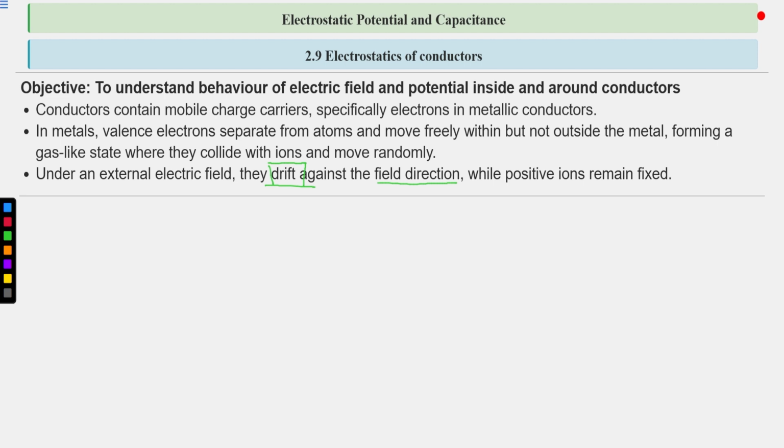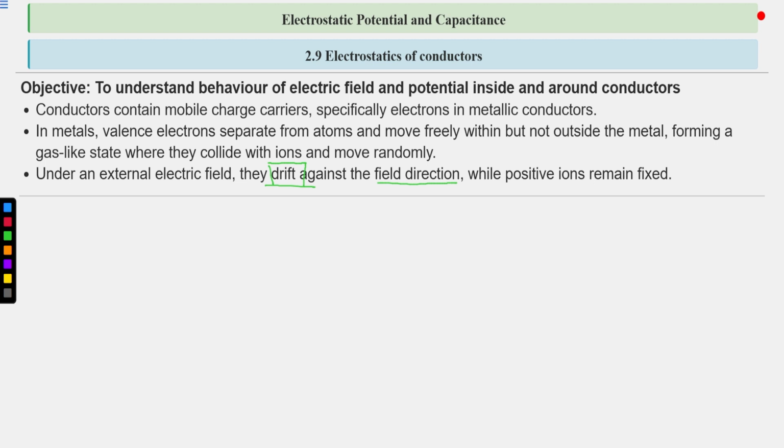But what is drift? When an electron moves, it collides with the ions and also with the other electrons. After collision, it will gain some acceleration and velocity, and after a very small time, it will collide again with another ion or another electron. So it will lose its velocity.